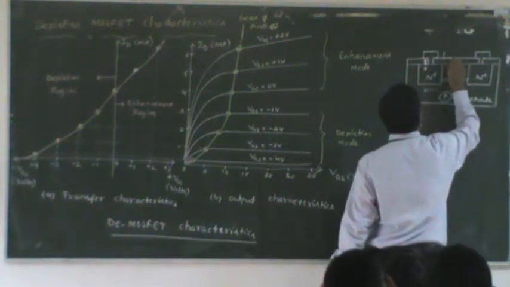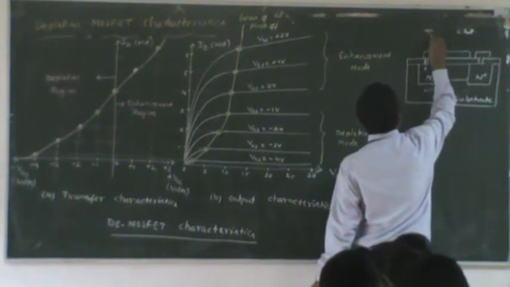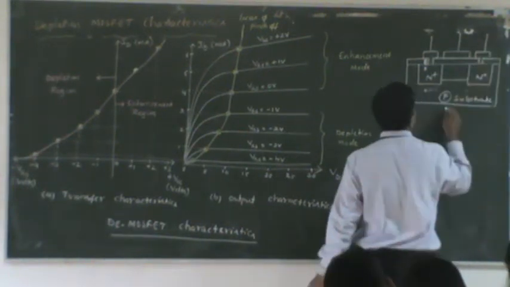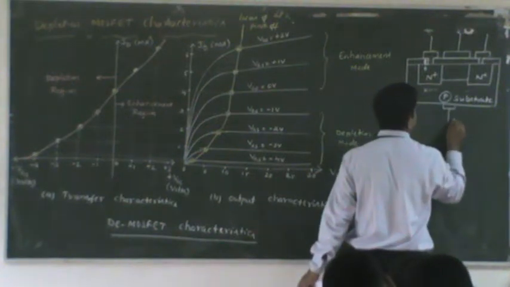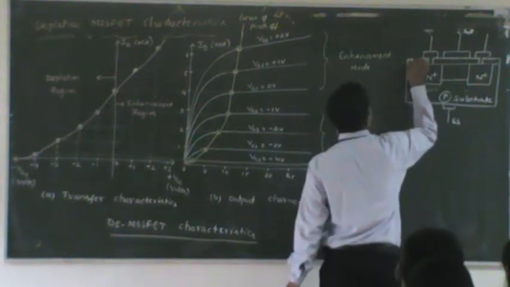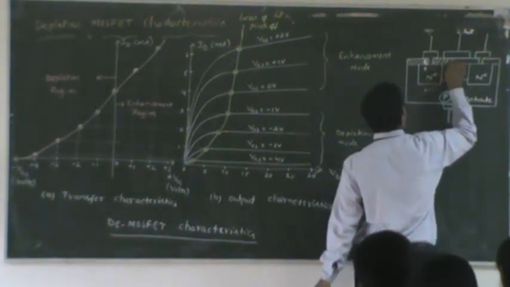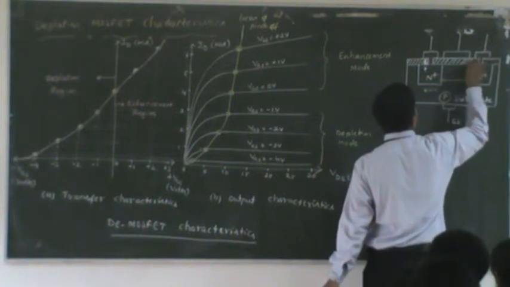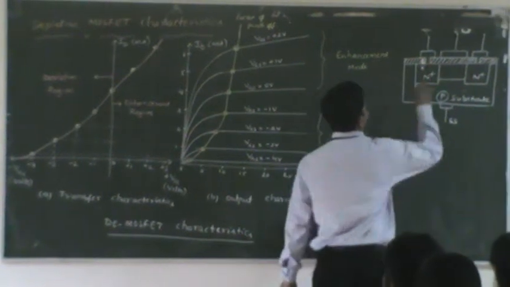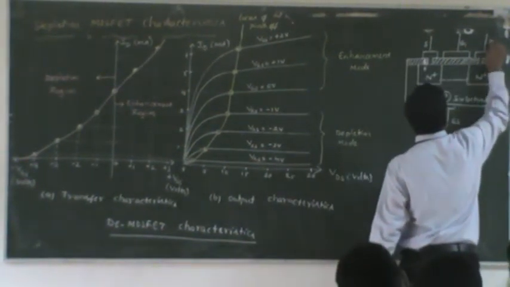The gate region is also covered with metal, and the substrate region also has metal. We indicate the silicon dioxide by shading with horizontal lines. This is source, gate, and substrate.